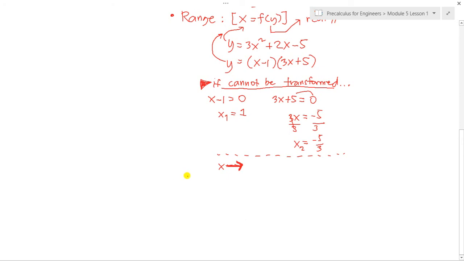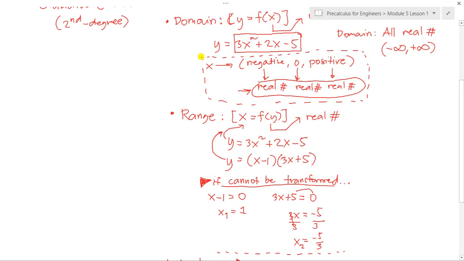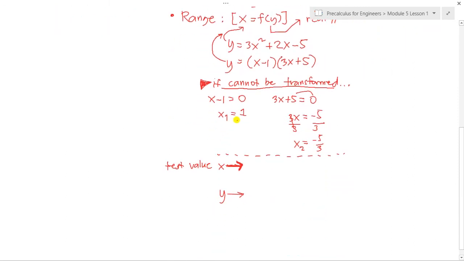Okay, so let's do that. We place y here. Again, we do not base on x; this is what we call the test value. Unlike in the domain, this is not for the domain, class. In the domain, the test value is what we look at. But here, since this cannot be transformed into the form x equals f of y, the test value and the basis of our answer are different.